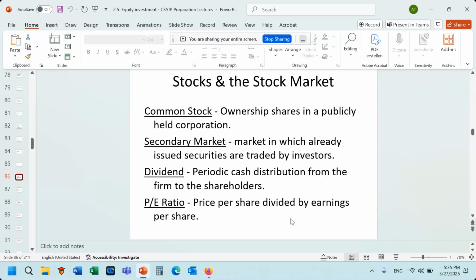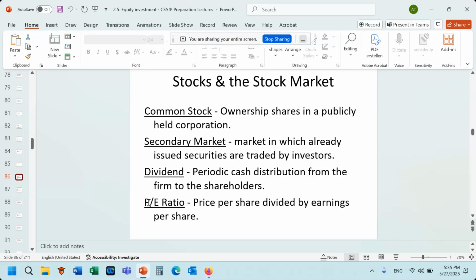Price earning ratio is the price per share divided by the earnings per share of the company. We go to the bottom of the income statement, to the PE ratio.